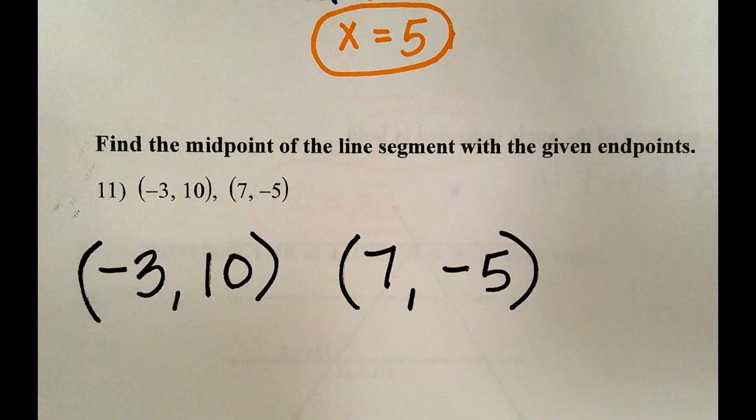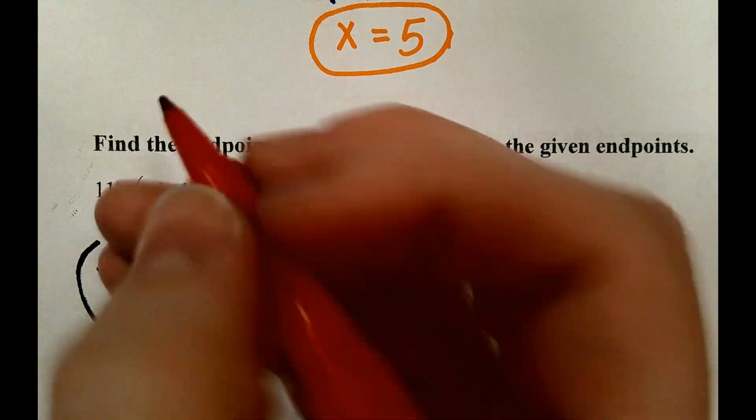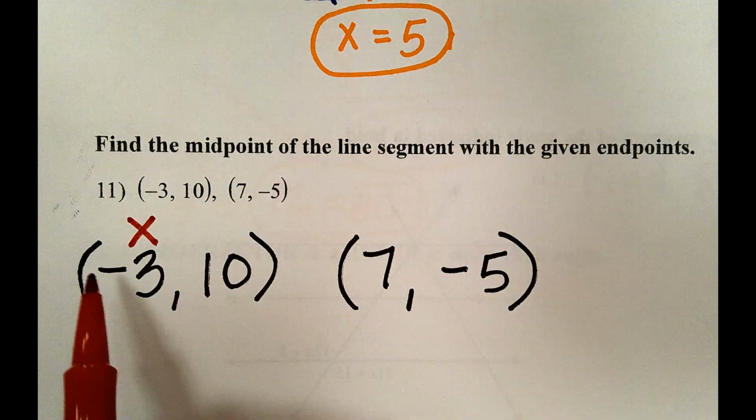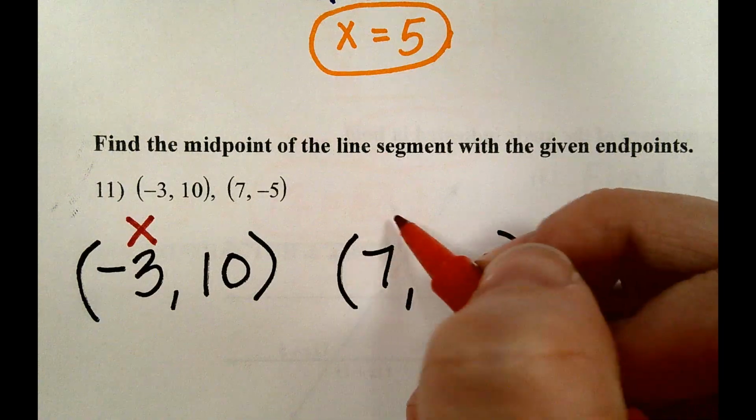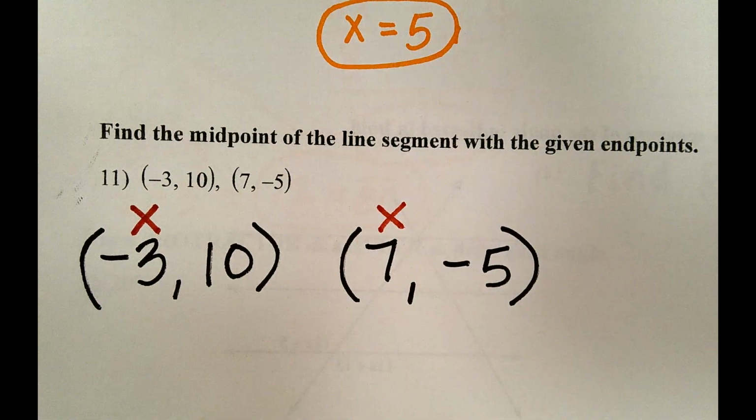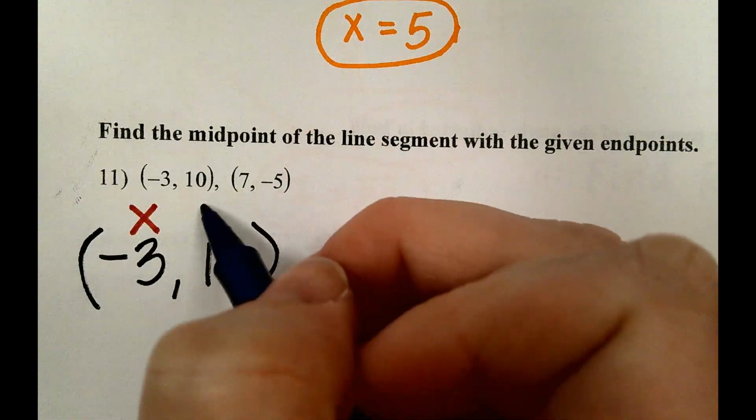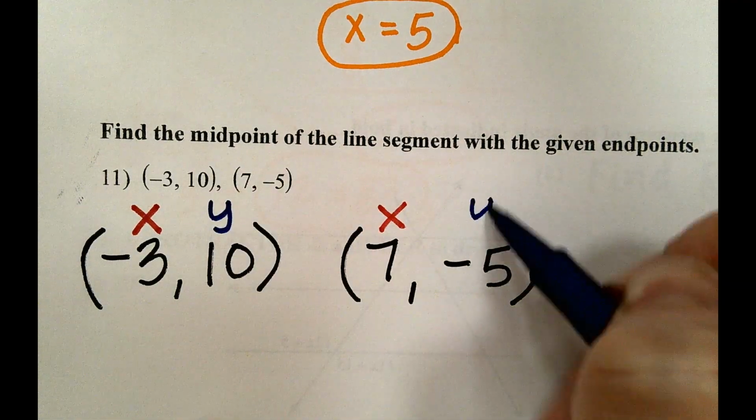And thinking back to algebra, when you have a coordinate, what comes first, x or y? X. So I know that this is an x, -3, and 7 is also an x. So 10 and -5 must be my y's.